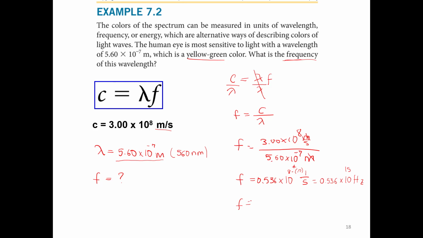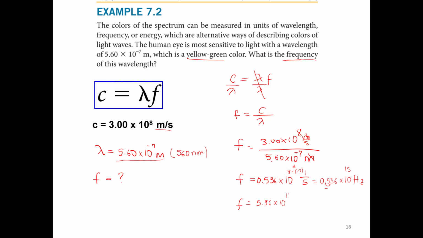Now, if we want to write this one in scientific notation, then we need this number between 1 and 10, yes? Then we move this one to the right, then we have to subtract, yes? Move to the right, then we have 5 point, we subtract here. Then it will be 5.36. We subtract 1 because we moved 1 decimal place.